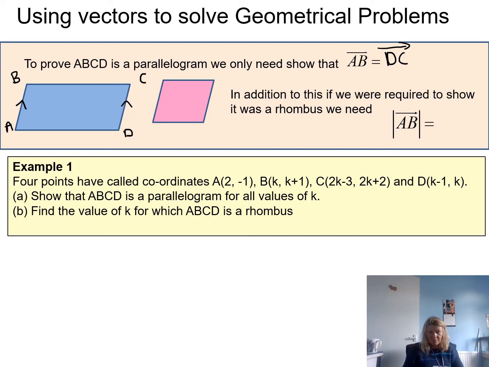In addition, if this were to require to show it was a rhombus, we need to also show that the vector A to B length is in fact the same as the vector B to C length.